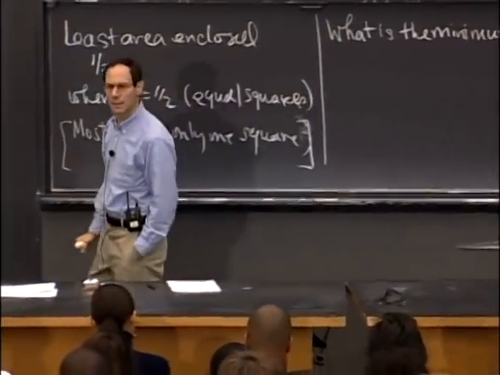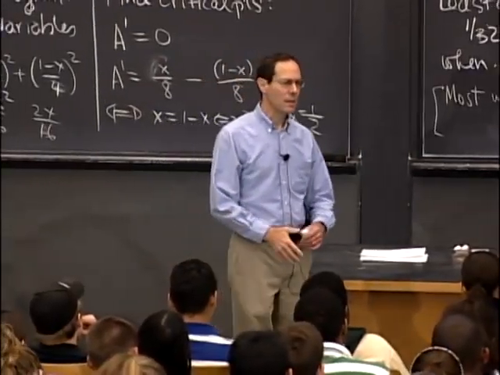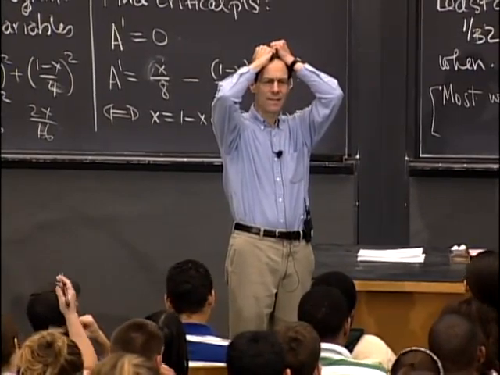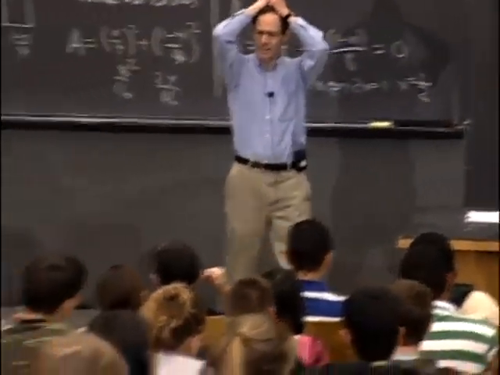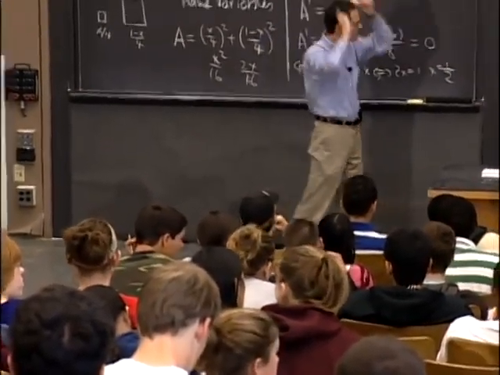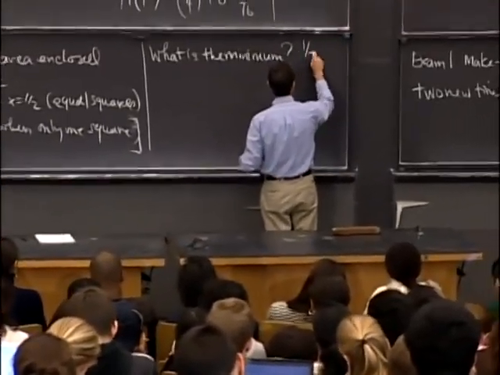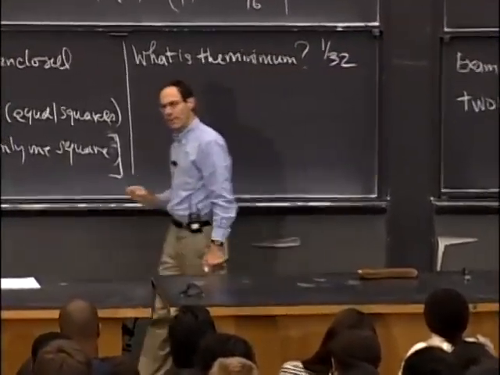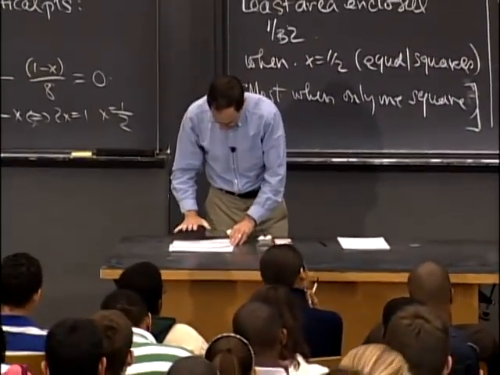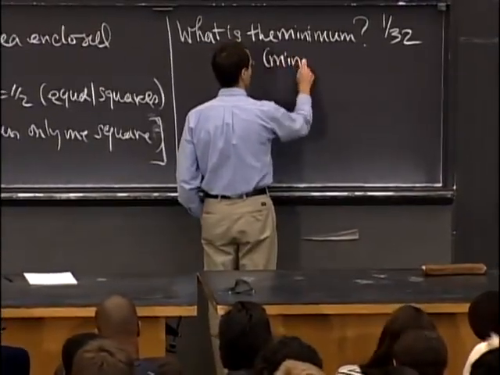So what is the minimum? Right, the lowest value of the function. So the answer to that question is 1 over 32.